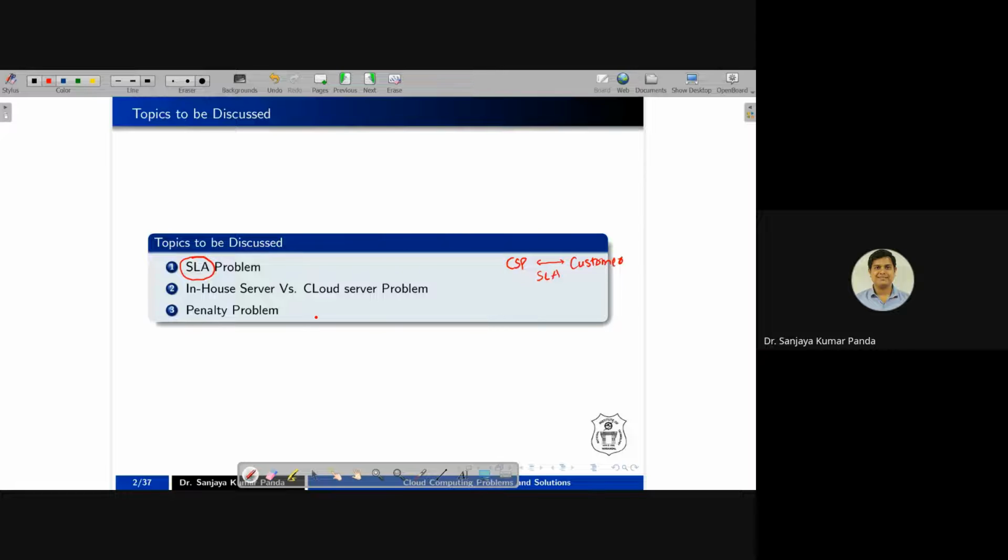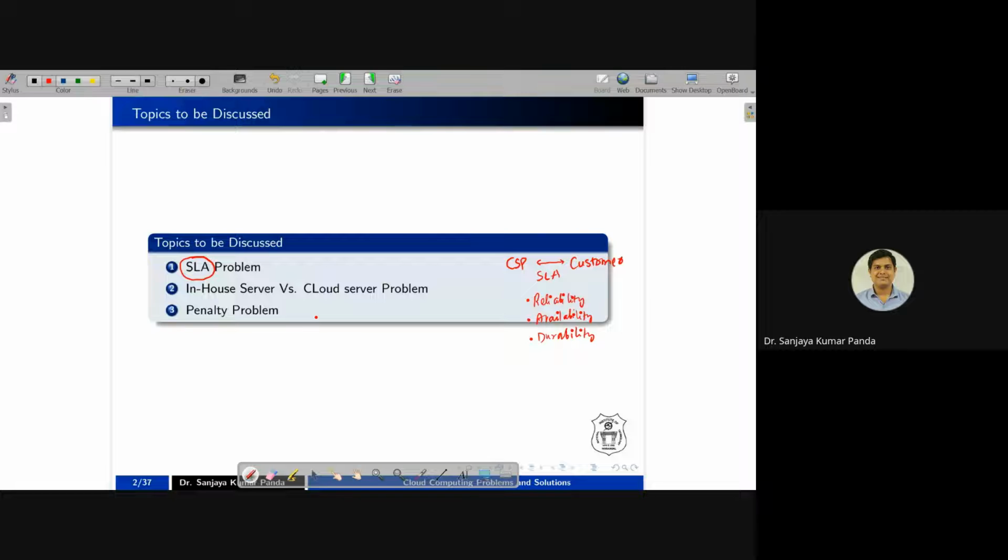Okay, so there are different types of parameters we have under SLA. So you can say reliability is one of the parameters. You can say availability is one of the parameters. You can say durability is one of the parameters. So there are a lot of parameters which are written under the service level agreement.